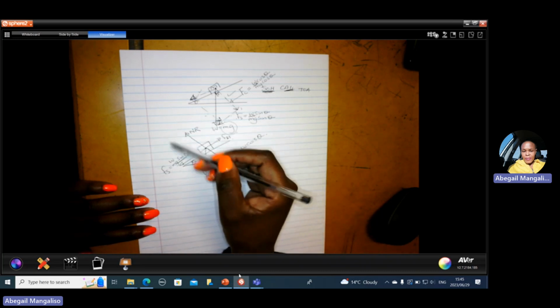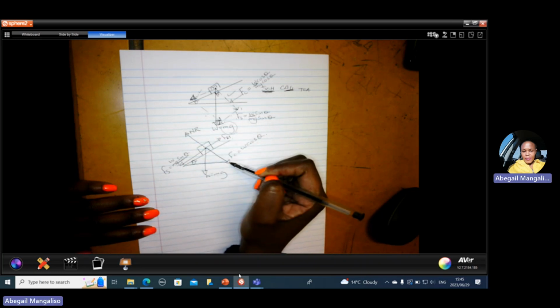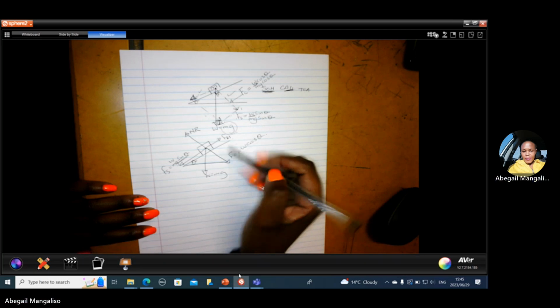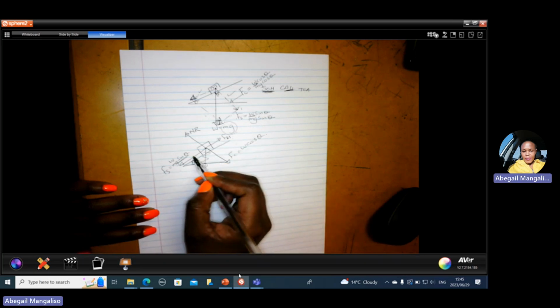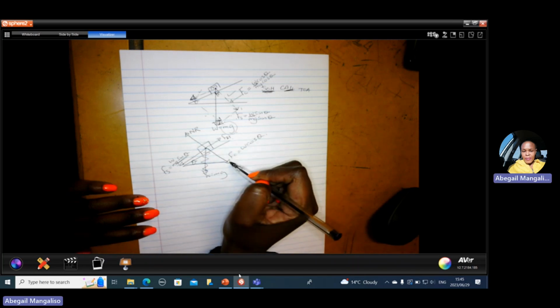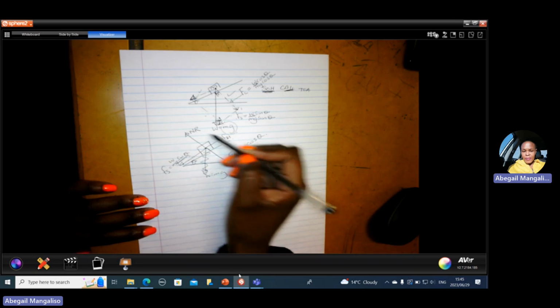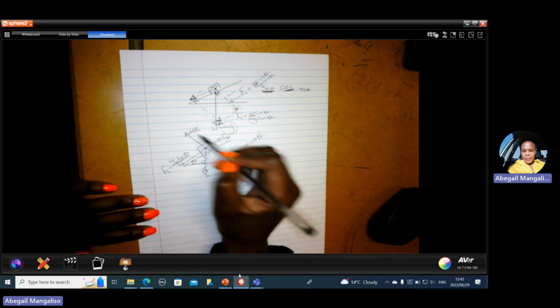Even if the object is placed on a slope, the normal force is reacting to Fc. The weight is replaced by two components, so the normal force is reacting to Fc, and friction is reacting to mg sine theta. So these two forces are reacting.